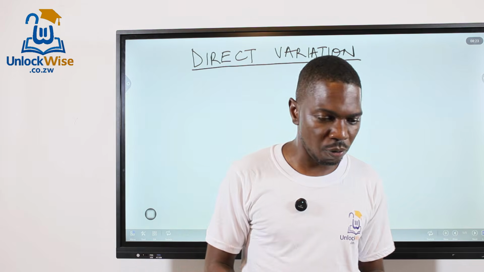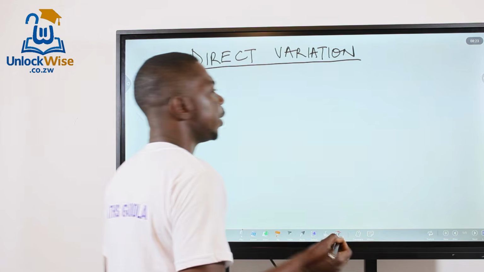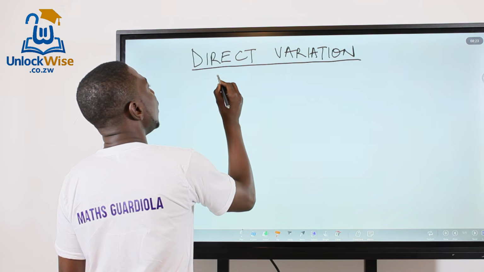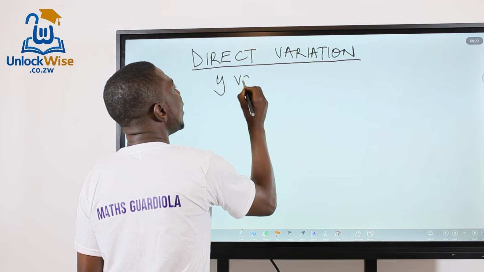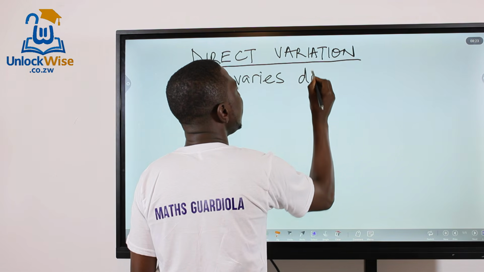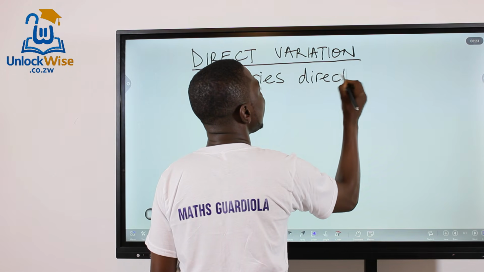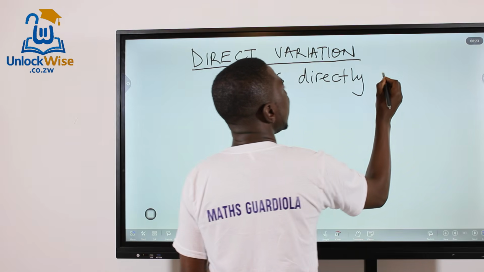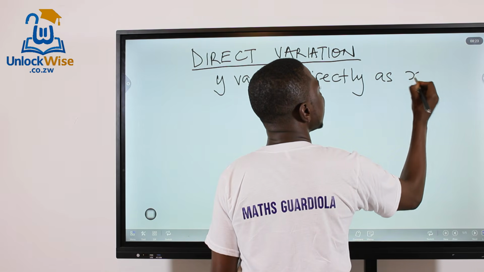For example, let's say we have a statement: y varies directly as x.